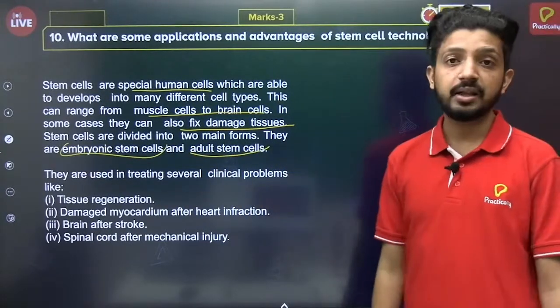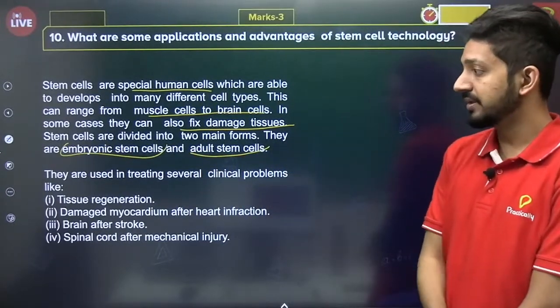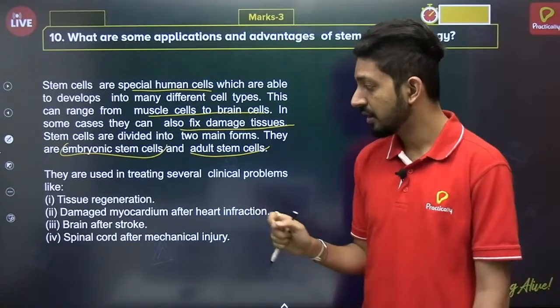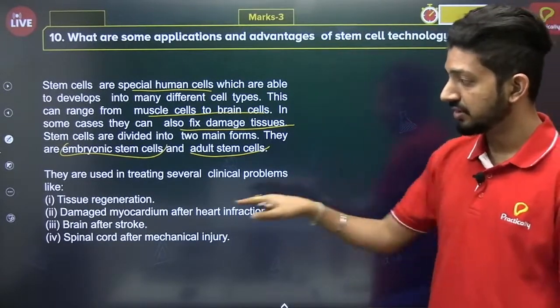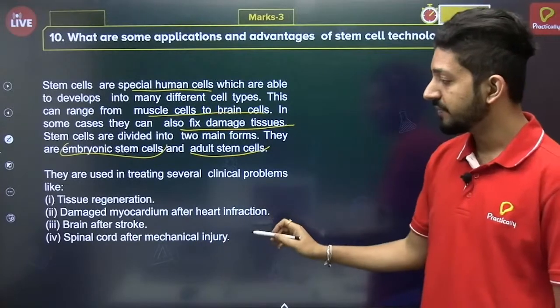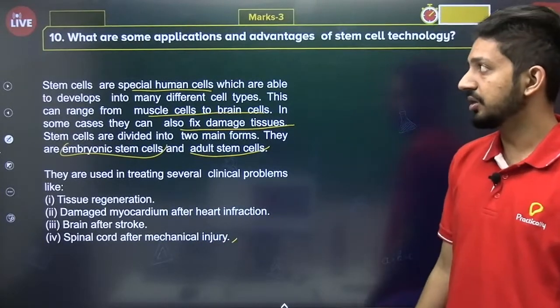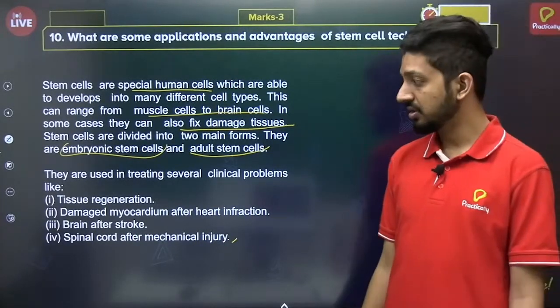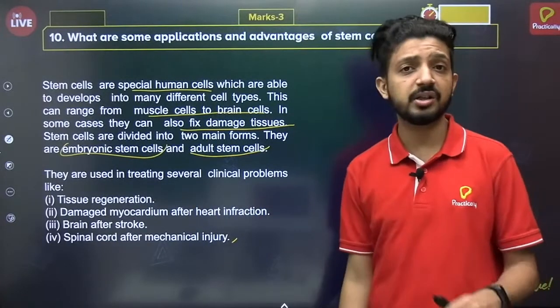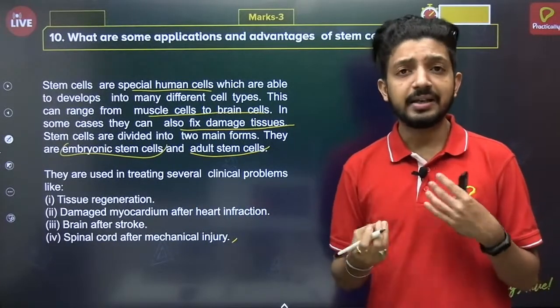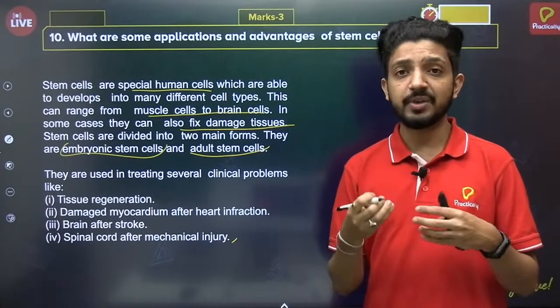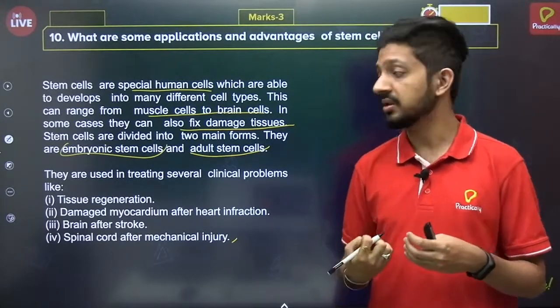They are used for treating several clinical problems like tissue regeneration, damaged myocardium after heart infarction, brain after stroke, and spinal cord after mechanical injury. So these are the various applications of stem cells. Tissue regeneration: if in any accident some tissue is damaged, that tissue can be regenerated using stem cells.